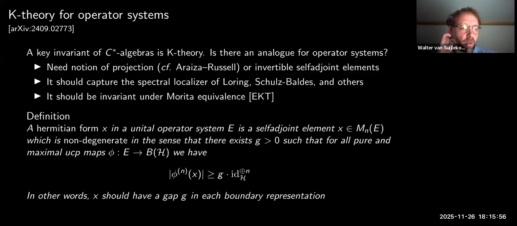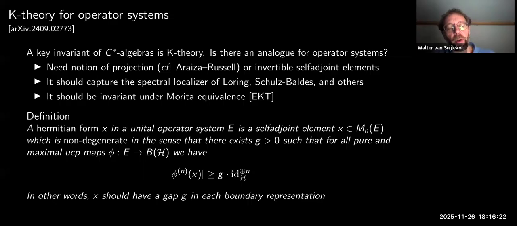So it's the Witt ring or the Witt invariant, and let's look at this for unital operator systems. What you do is you take a self-adjoint element in M_n(E), which is in a certain sense non-degenerate, and the non-degeneracy is measured by looking at all these realizations, which are actually the boundary representations that I already explained.